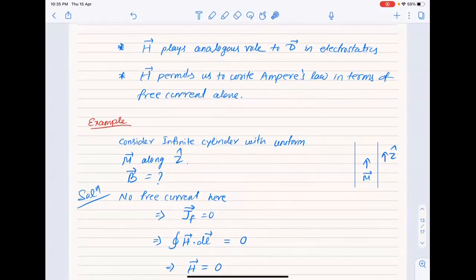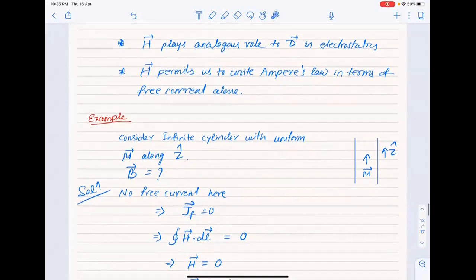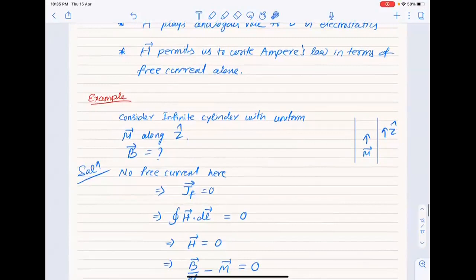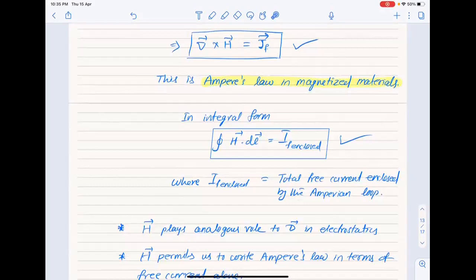The question is, what is the magnetic field B? At the outset, you notice that there are no free currents here. So since there are no free currents, J_F is 0. And if you employ this Ampere's law integral, the integral of H dot dl should give you 0, because there are no free currents.